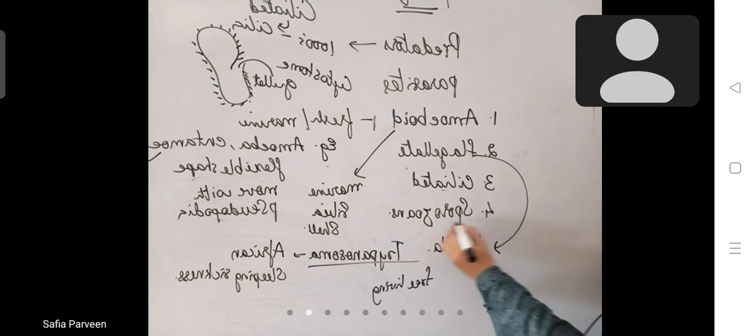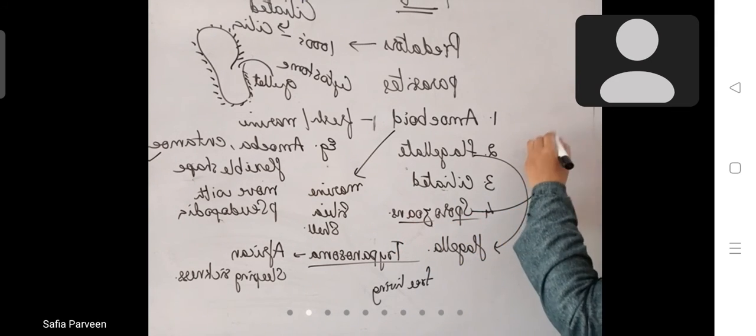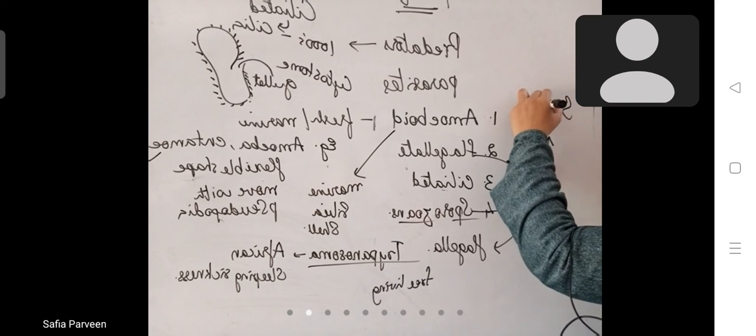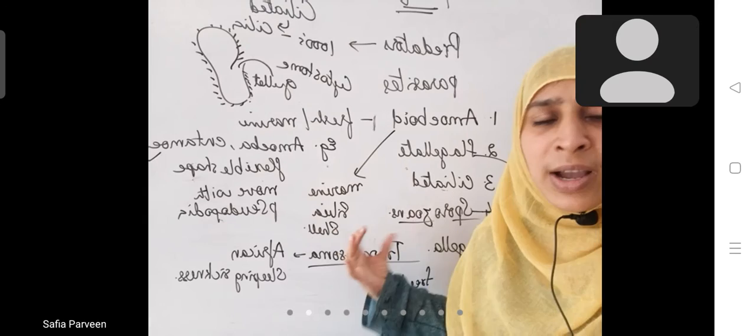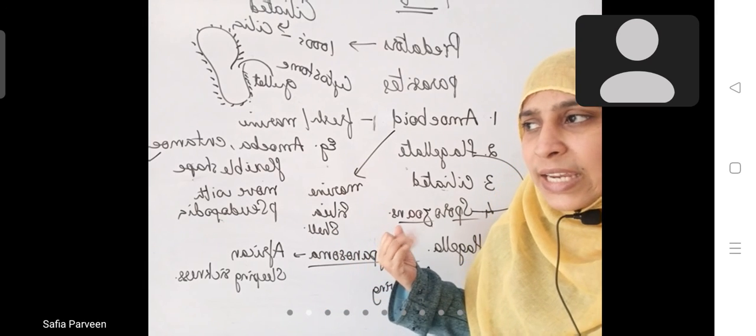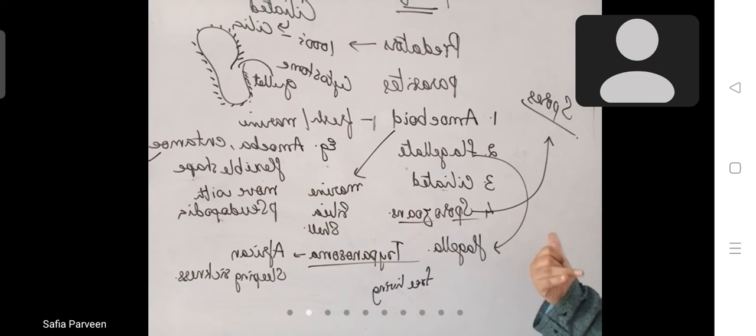Last, sporozoans. Sporozoans form spores, like fungus forms spores, like slime moulds form spores. These sporozoans also form spores in their lifetime, not in their entire life.